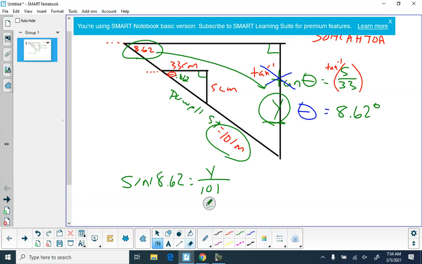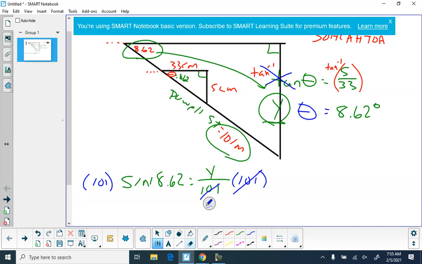Okay, we want to solve for Y. We're dividing by 101. So what do we have to do to both sides to solve this equation? Allison, first. Multiply both sides by 101 because that gets rid of my division by 101.